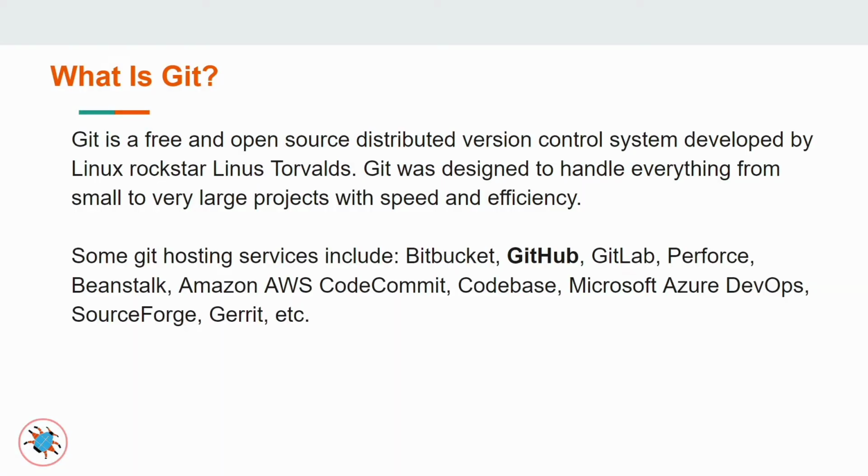So what is Git? Git is a free and open source distributed version control system developed by the Linux rockstar Linus Torvalds. Git was designed to handle everything from small to very large projects with speed and efficiency.